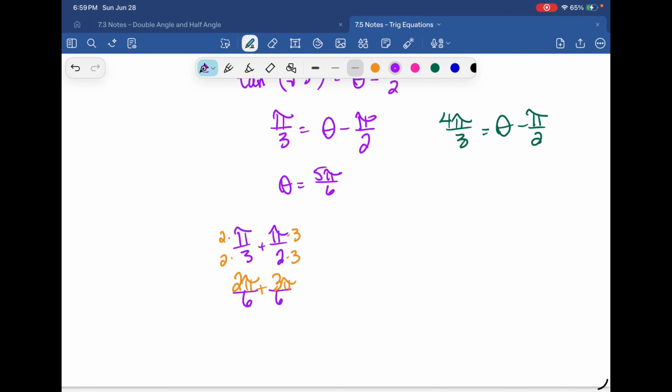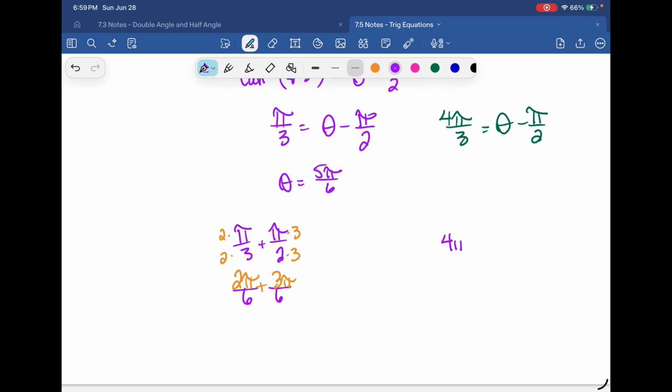I'm going to do the same with 4 pi over 3. We're going to add pi over 2. Common denominator 6. Multiply by 2, so 8 pi. Multiply by 3. So that's going to get me 11 pi over 6.